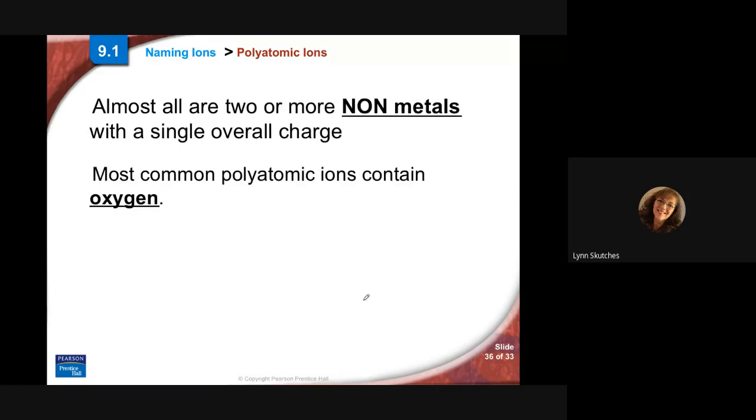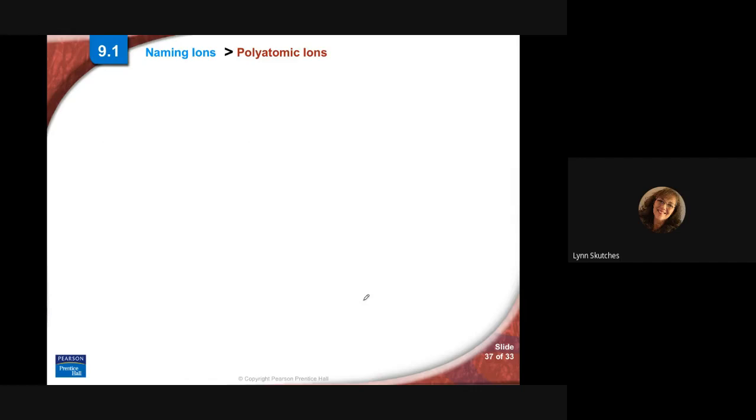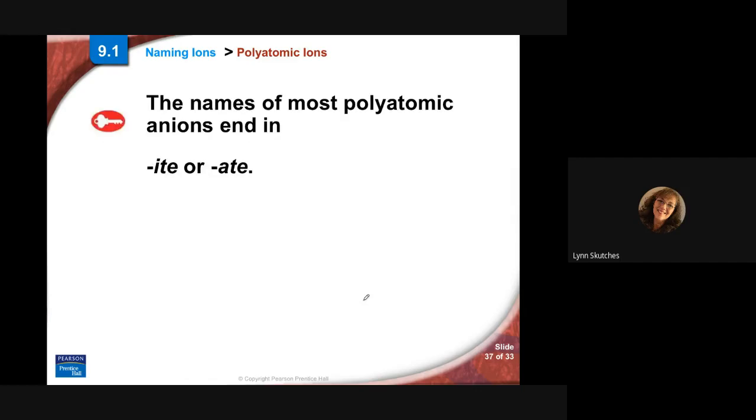Okay, so again, polyatomics are almost all just non-metals stuck together. Almost all of them have oxygen, and almost all of them are anions. Okay, and they also end with either ite or ate.